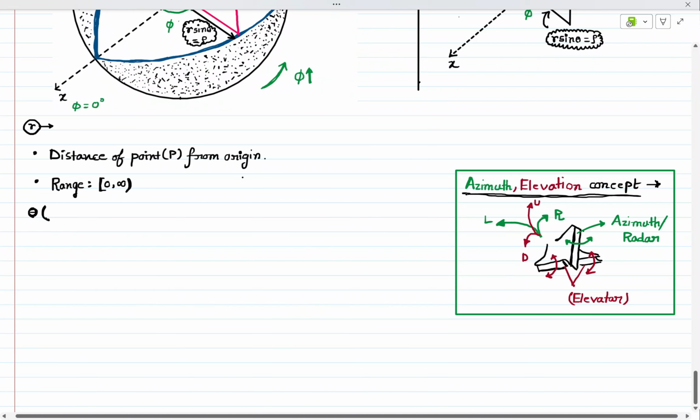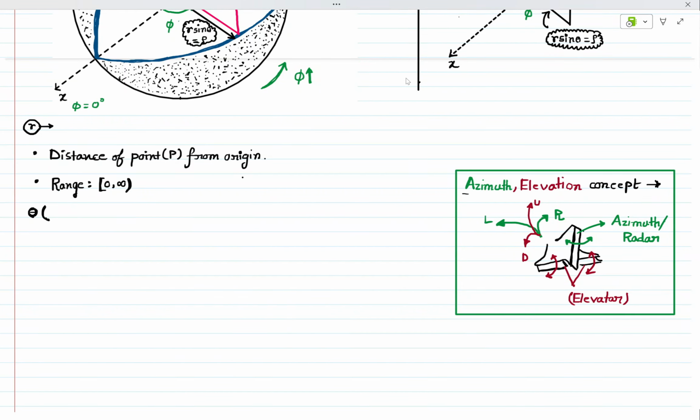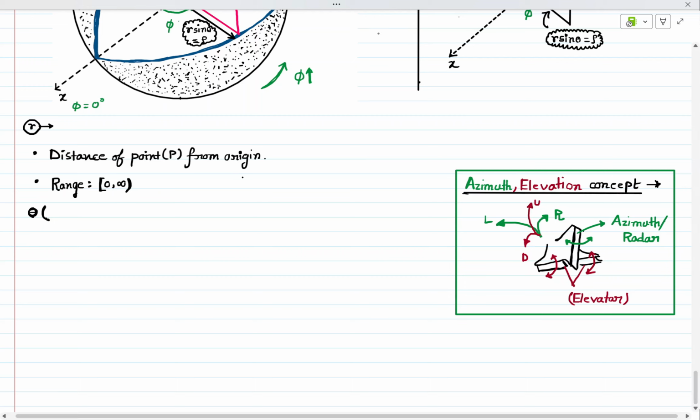Just a minute. Let me write it correctly. Now the theta angle. What is the theta angle? The theta angle is varying like this elevator. So that's why this theta angle is called the elevation angle.